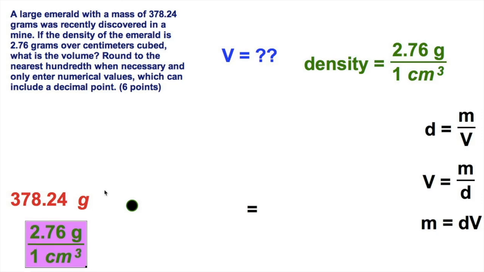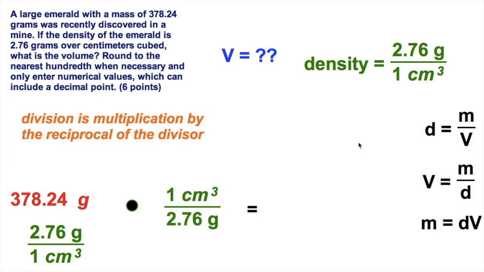But if I divide, that's the same as multiplying by the reciprocal of the divisor. A little bit of elementary arithmetic for you all. And again, our dimensional analysis comes through. We're going to end up with an answer that's in cubic centimeters.